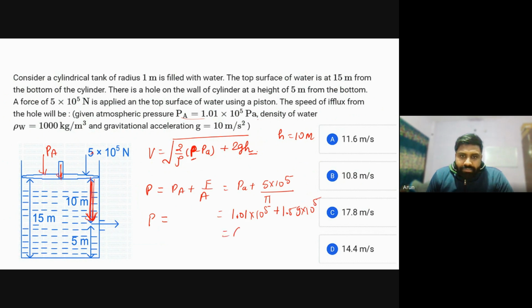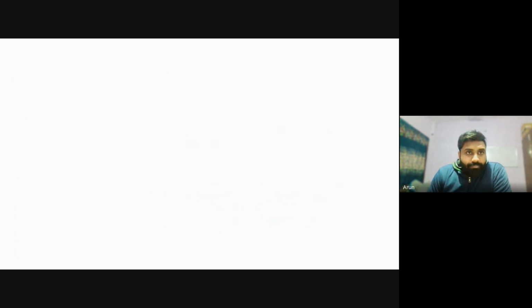So it will become 2.6 into 10 raised to the power 5 Newton per meter square, or you can say Pascal. So P we have calculated as 2.6 into 10 raised to the power 5 Pascal.